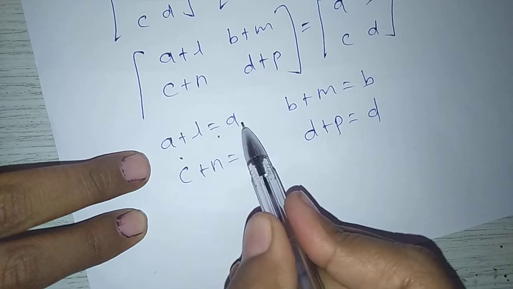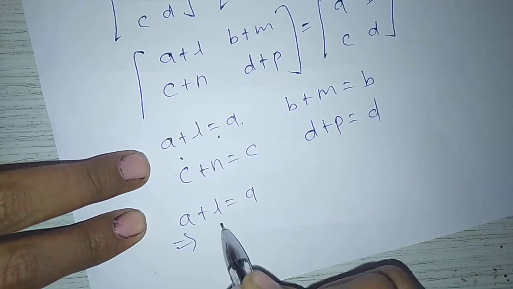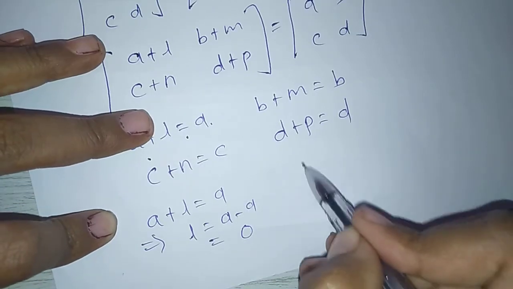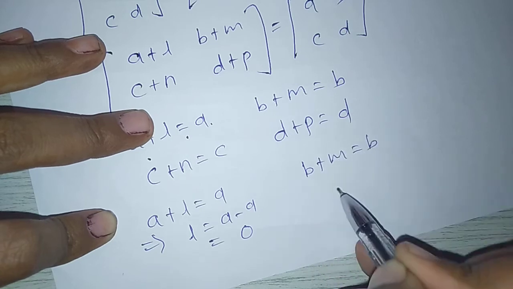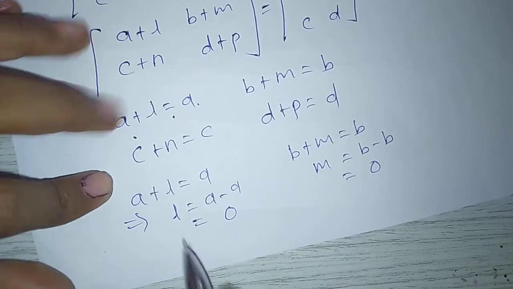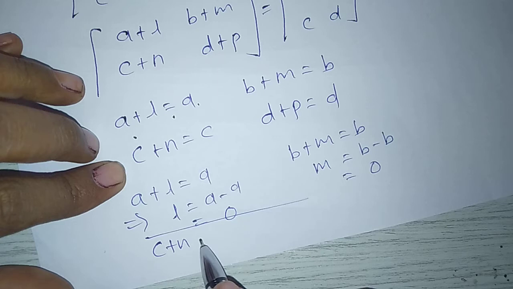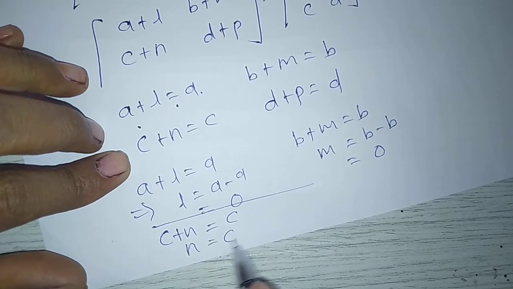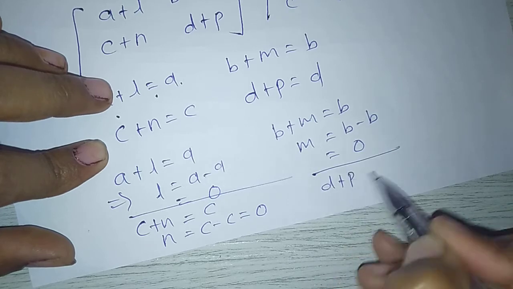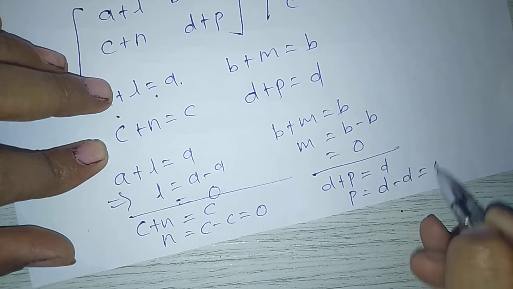A plus L equal to A means L equal to A minus A, which is equal to 0. Similarly B plus M equal to B, means M equal to B minus B, which is equal to 0. Also C plus N equal to C, means N equal to C minus C equal to 0. D plus P equal to D, means P equal to D minus D equal to 0.